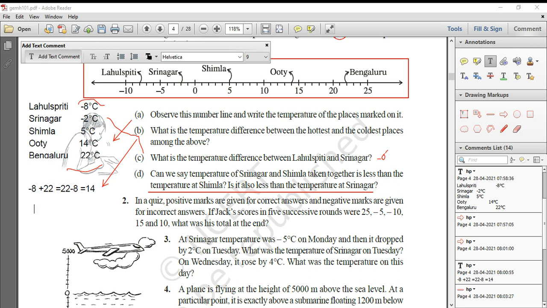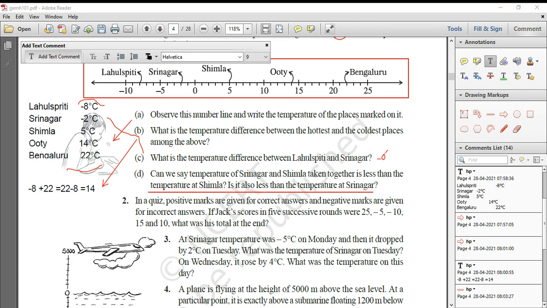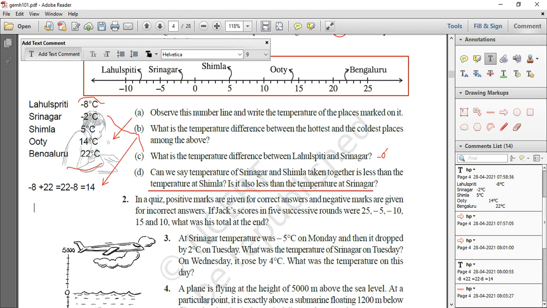Okay, so there is a problem. So let's continue. The answer is that you first take the positive numbers and add them in a row.